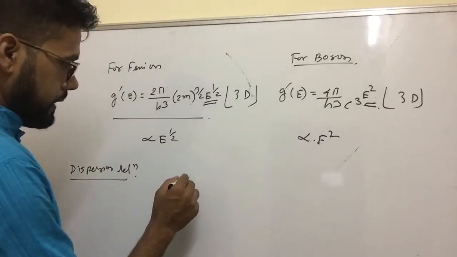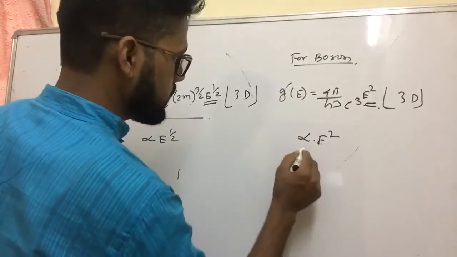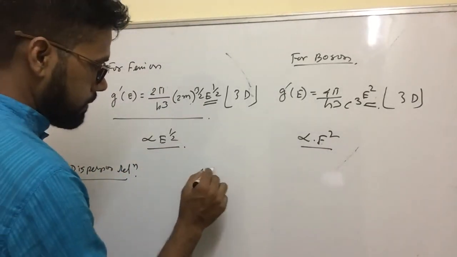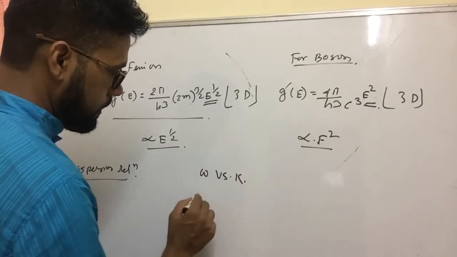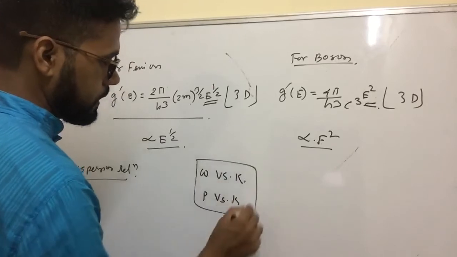The omega versus K relation, or E versus K relation, is known as the dispersion relation, which you have already studied.